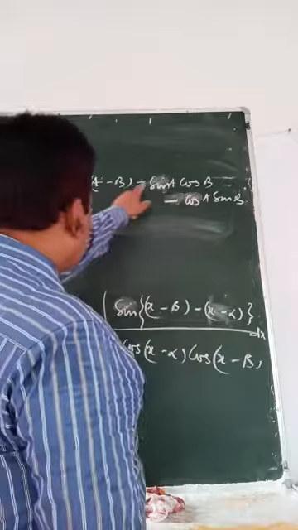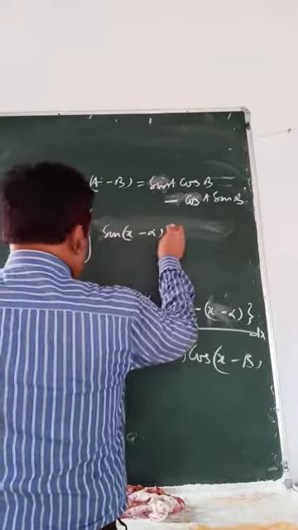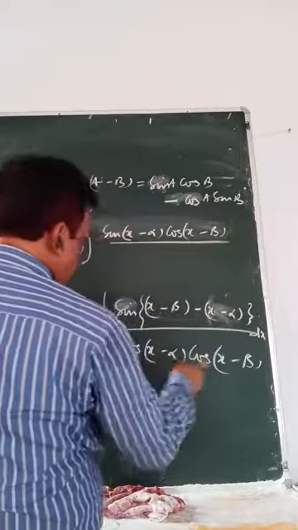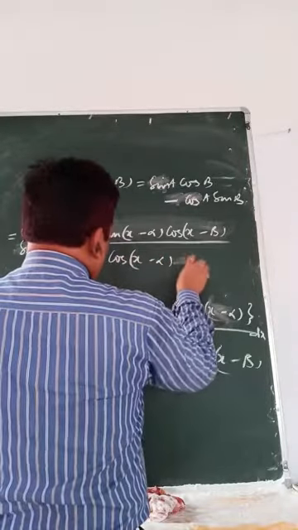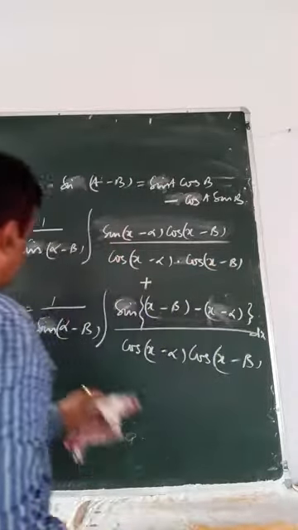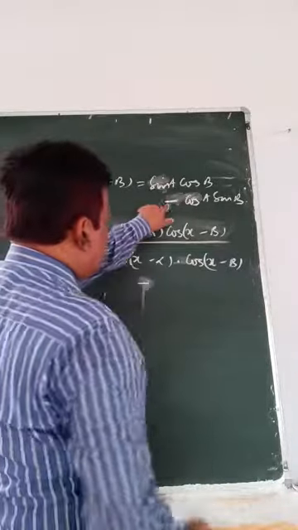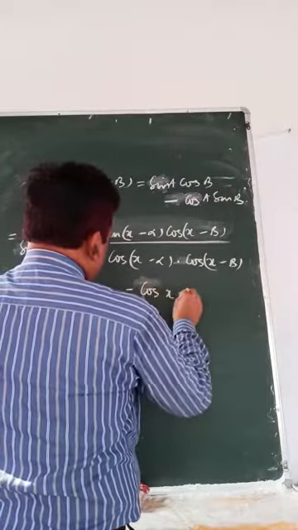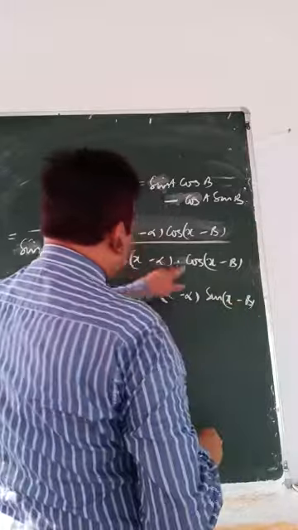So it will be sin A cos B, so sin x minus alpha cos x minus beta, divided by this cos x minus alpha into cos x minus beta, minus cos A sin B, minus cos x minus alpha sin x minus beta, because this division will be for both.